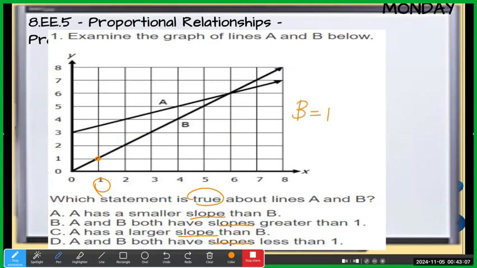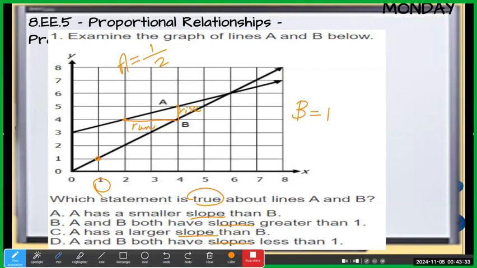Now A, did it go through the origin? No. So I may want to pick out two points, or better yet, they already gave me a graph, so what should I use? Rise over run. What's my rise? 1. What's my run? 2. So the slope of A is one half.